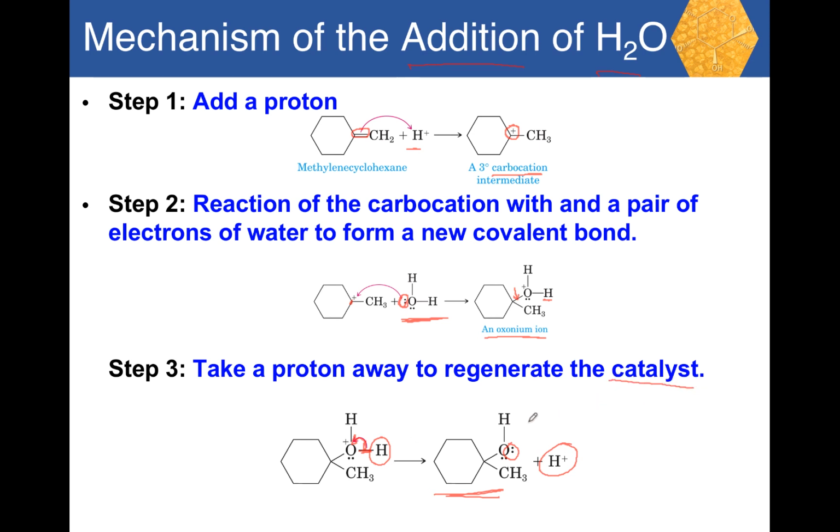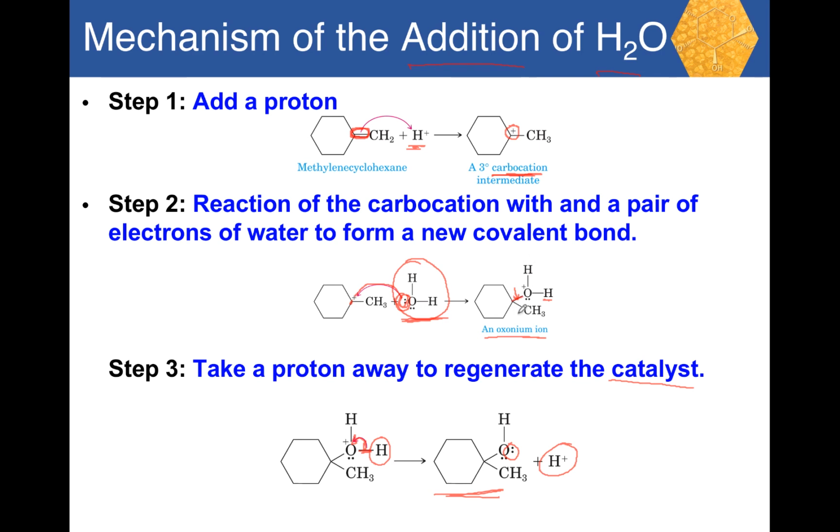So this is the mechanism. This is a three-step mechanism for this reaction. Again, the first step is just the electrons of the double bond reacting with our catalyst to generate the carbocation. That's needed so the water molecule, which is neutral, using its electrons can bond to that carbocation to make a new bond.